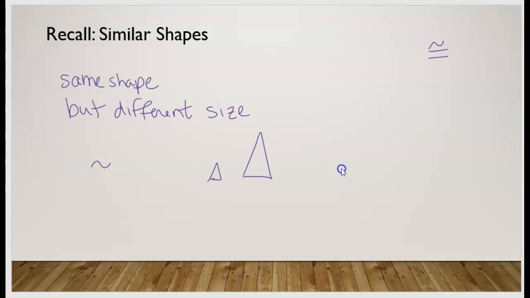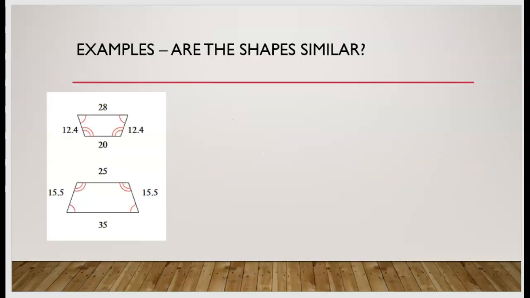Similar shapes have special properties. They have congruent angles and proportional sides. Proportional sides, and we're going to review what proportions are in a minute. So are these shapes similar? We do have congruent angle pairs. They all match up.